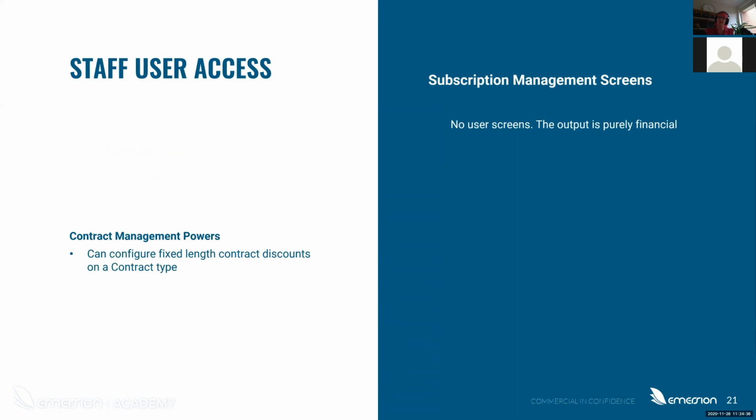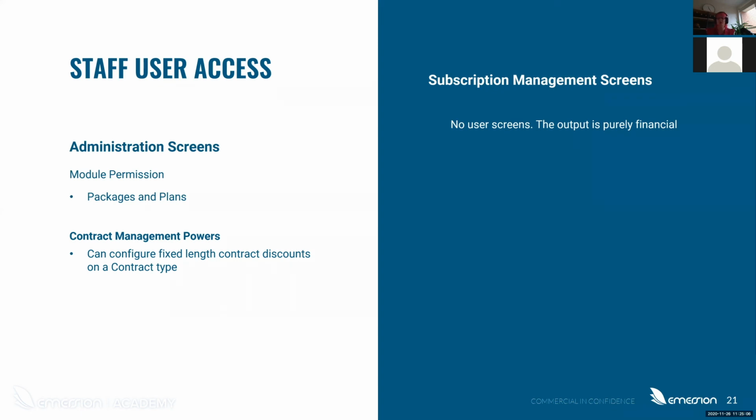Once the feature is enabled, you'll need a couple of different permissions for the administration side. So you'll need access to packages and plans. Makes sense so far. Everything we've done in terms of admin is under packages and plans, but you'll also require some powers, because you can turn off the ability for admins to configure the fixed length contract discount.